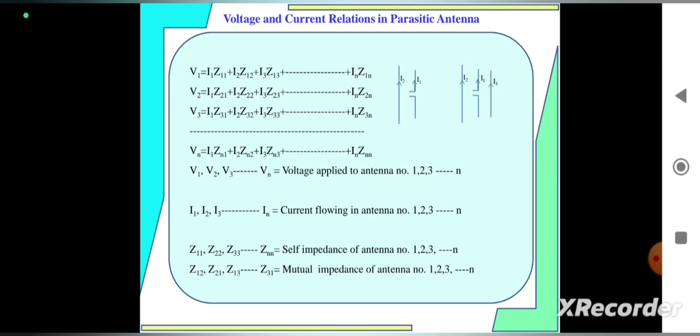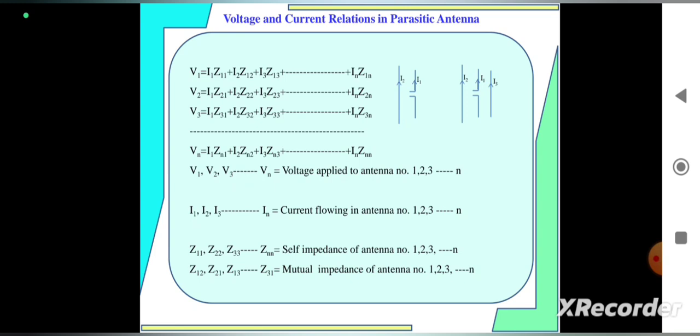Next, voltage and current relations in parasitic elements. The first one contains 3 directors, noted by V1, V2, V3. V1 is equal to I1 Z11 plus I2 Z12 plus I3 Z13 plus up to In Z1n.